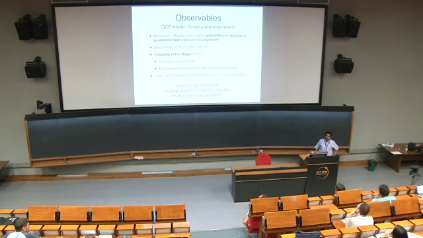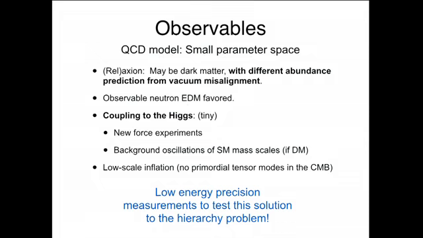Okay, how would we know if this is how the world actually works? So for the QCD axion, in a sense, we have a relatively small parameter space, right? I mean, well, 1,000 TeV, okay. So a couple of important things is that we do in this story predict and favor an observable neutron EDM, right?